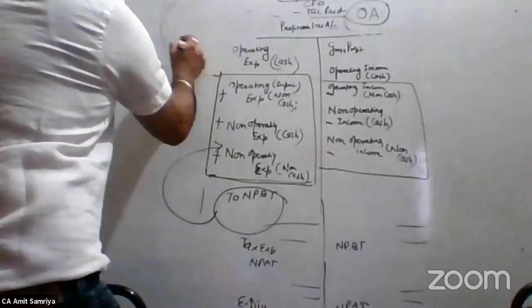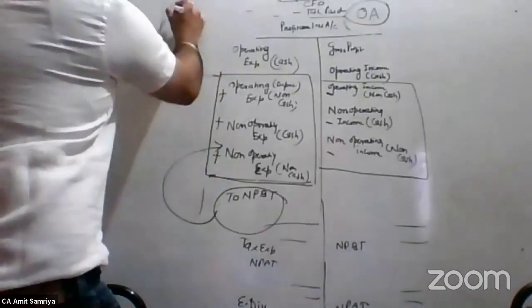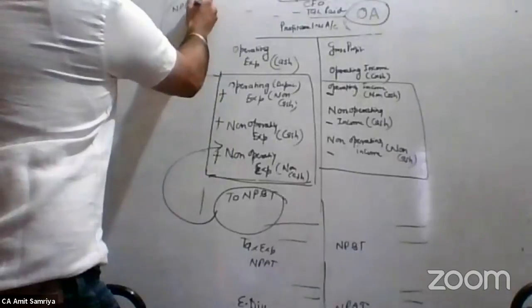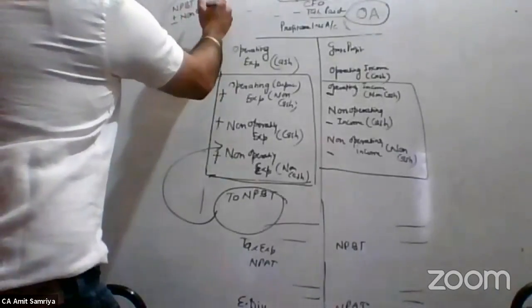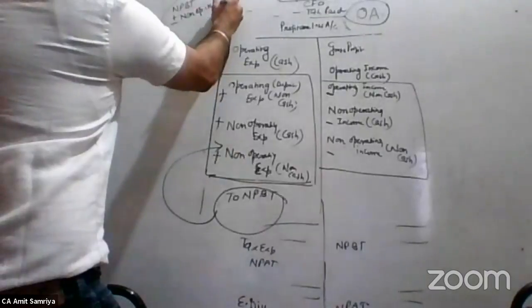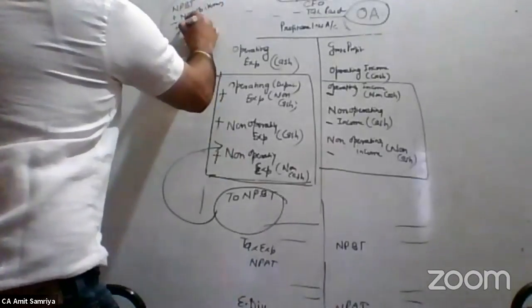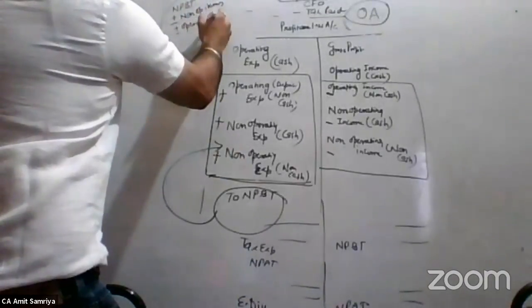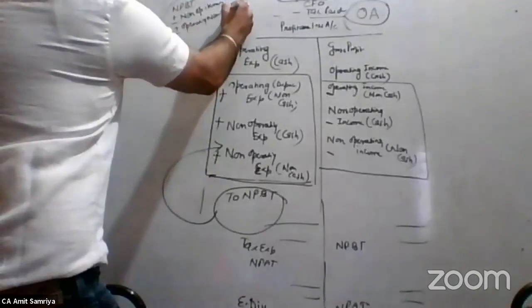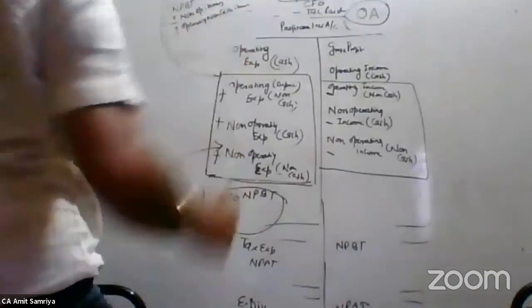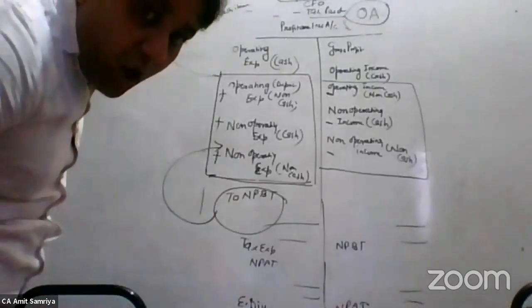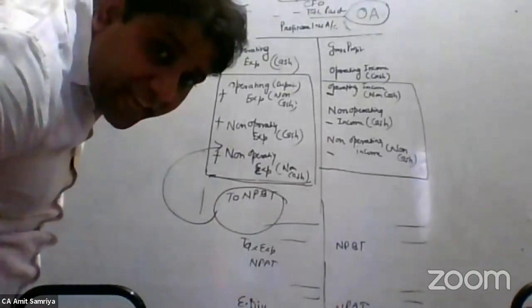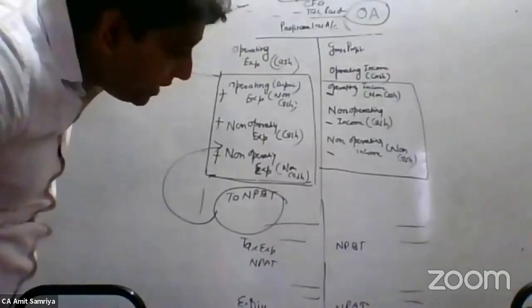NPBT, plus minus non-operating items, plus minus operating non-cash items. Non-operating items, all non-operating, whether cash or non-cash, should be added back or deducted.